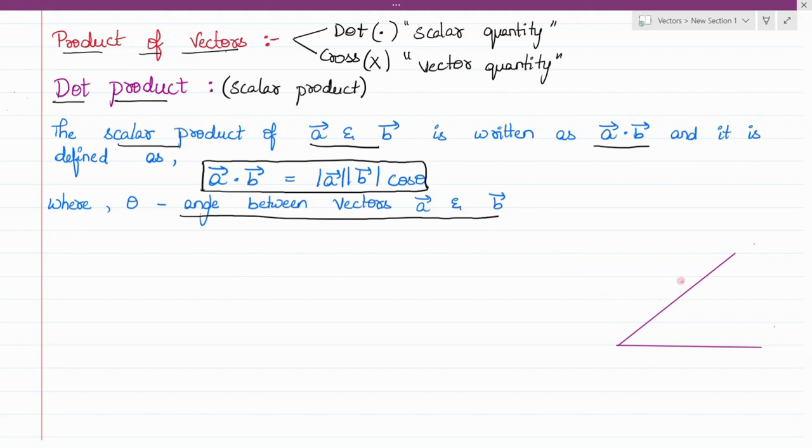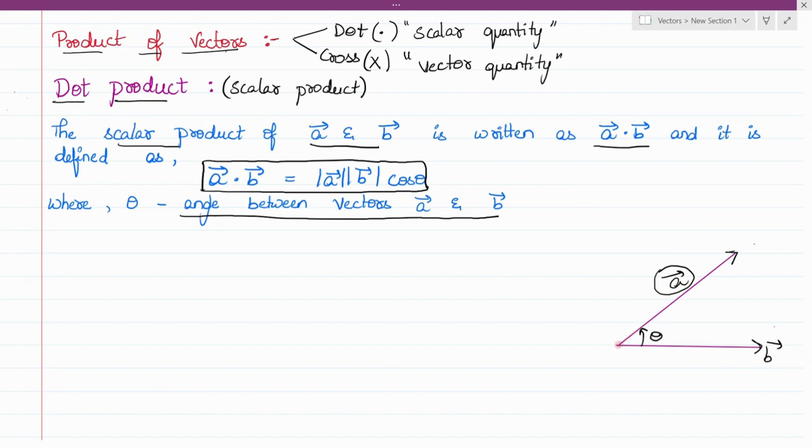So let's take an example. This is vector A and this is vector B, and this is the angle between the vectors, that is theta. Now, you can multiply the vectors only when they are in the same direction. So in terms of theta, you need to split this A vector.